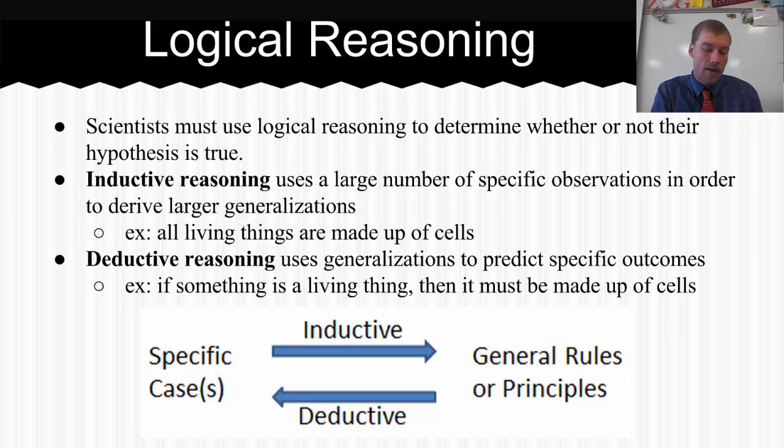We say all these specific instances are true, therefore this larger principle must be true. Kind of the opposite of that is deductive reasoning, where we start with some generalizations. So, I know the law of gravity, that all things are going to fall down. Therefore, if I hold this bag up and I drop it, it's going to fall. That's deductive reasoning. So we can work both ways. Both of those are logical reasoning and are totally valid.